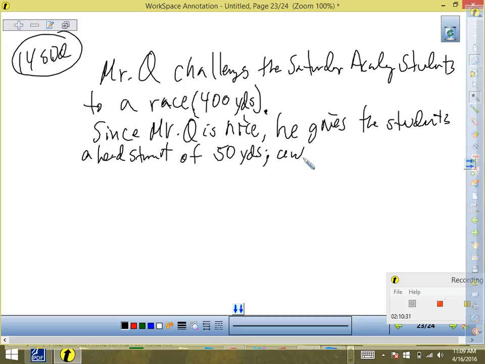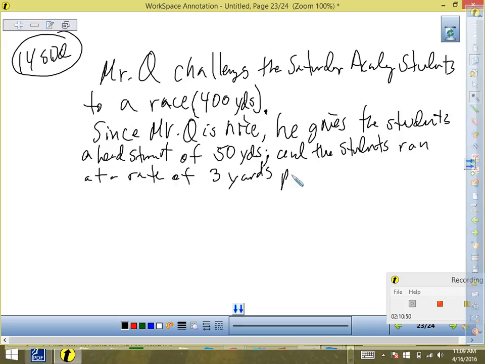And the students ran at a rate of 3 yards per second.